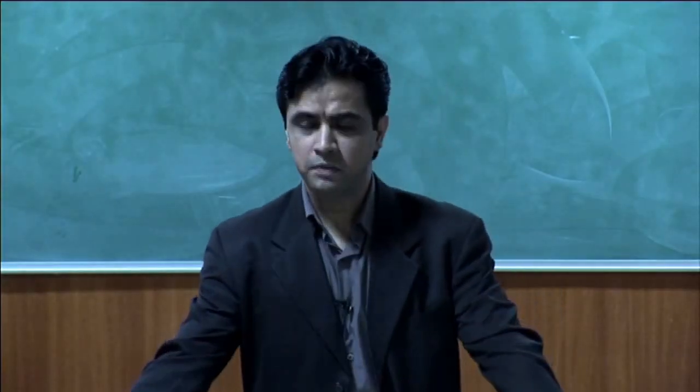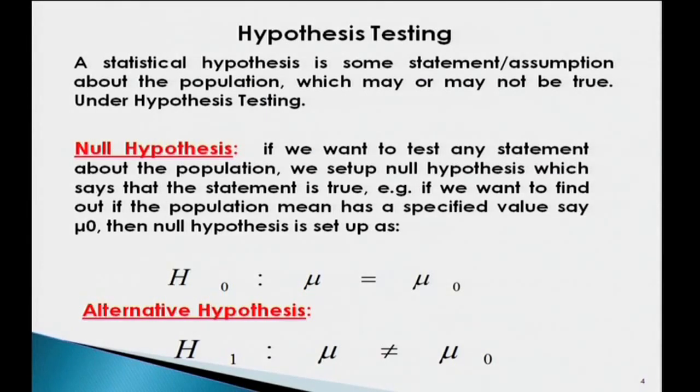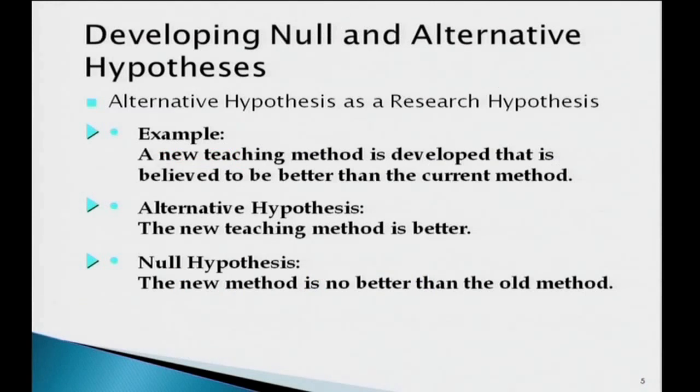The assumptions may be either a null hypothesis or an alternative hypothesis. If we have a statement that the information representing the population is equal to a particular value, that will be a null hypothesis. And if we say it is not equal to that, or more than that or less than that, that will be an alternative hypothesis. To understand this, we can have certain examples here.